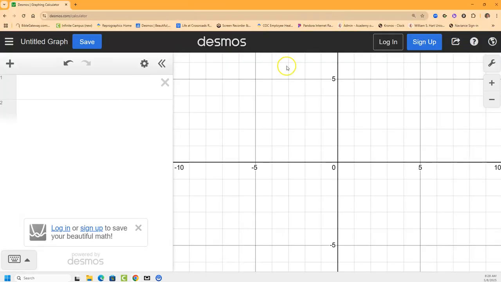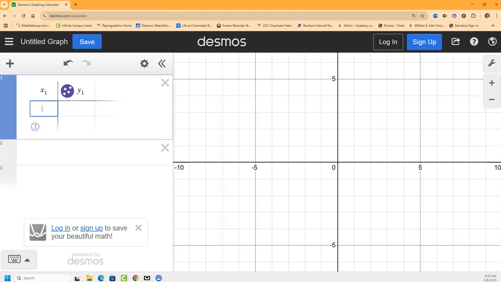In order to do this, there's a plus sign, see here in the upper left, right below the black bar, title bar. I'm going to click here, and then I'm going to create a table.